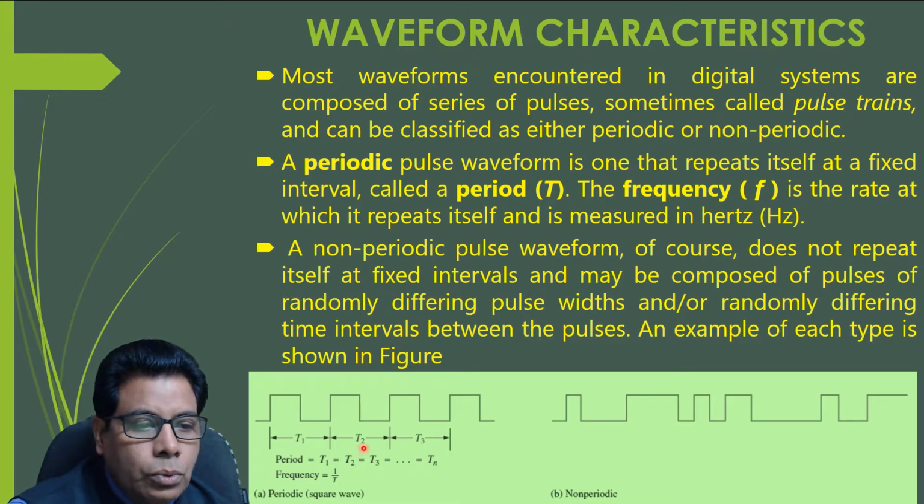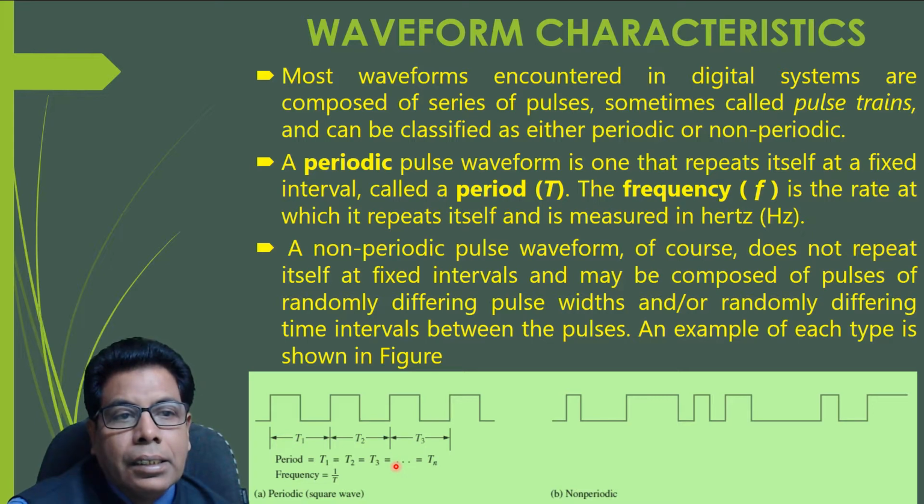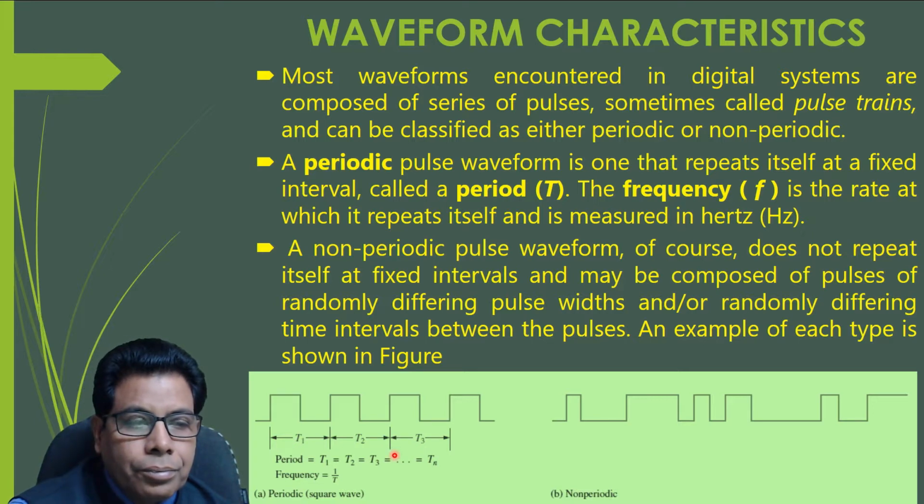Then T2 is the second period, T3 is the third period, so it will have the periods T1, T2, T3 and so on. And the frequency of this square wave will be given by 1 by T. So this is periodic because it is repeating itself after a fixed interval.